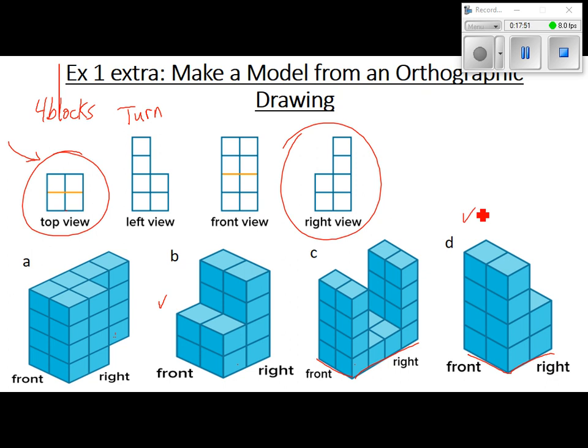Then if I look at the right view, if I'm standing on the right of this object, whichever one it is, this one or this one, this is what it's going to look like to me. Then the left view, remember, it just turns around.